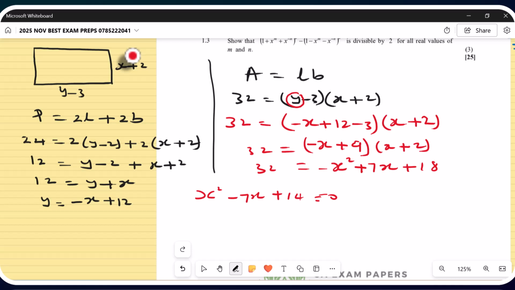And so it's going to be y equals negative x plus 13. So in here now, that is my y, negative x plus 13. So wherever I have the y, I put negative x plus 13, right, guys? And then minus 3 here.